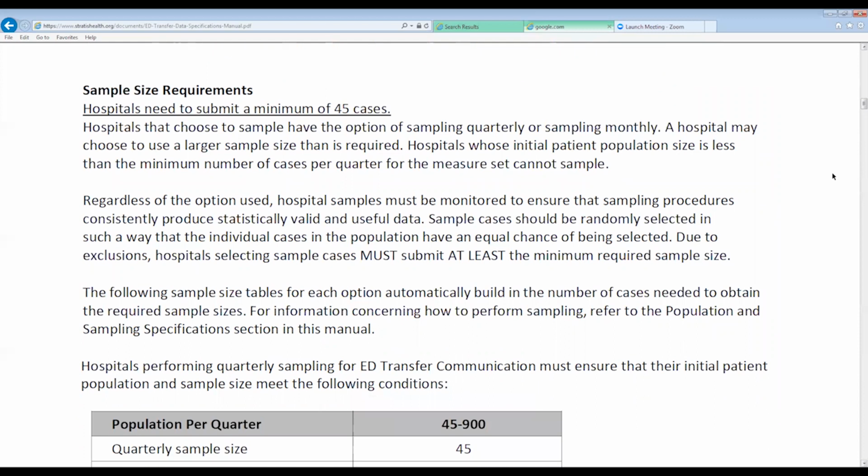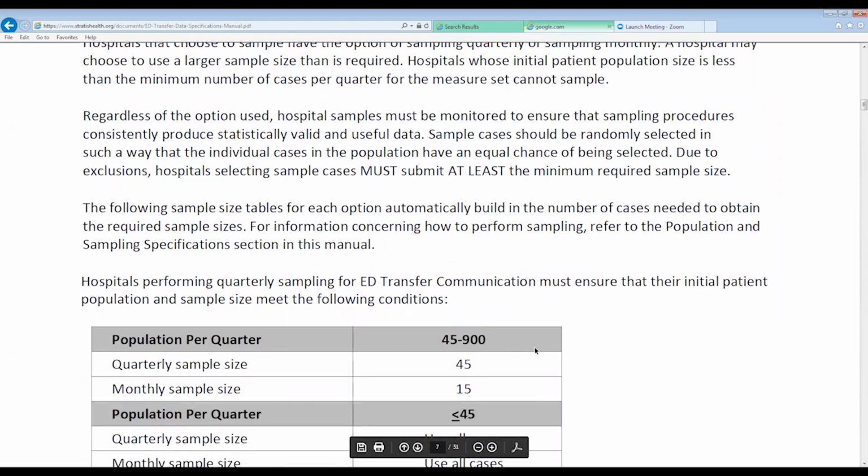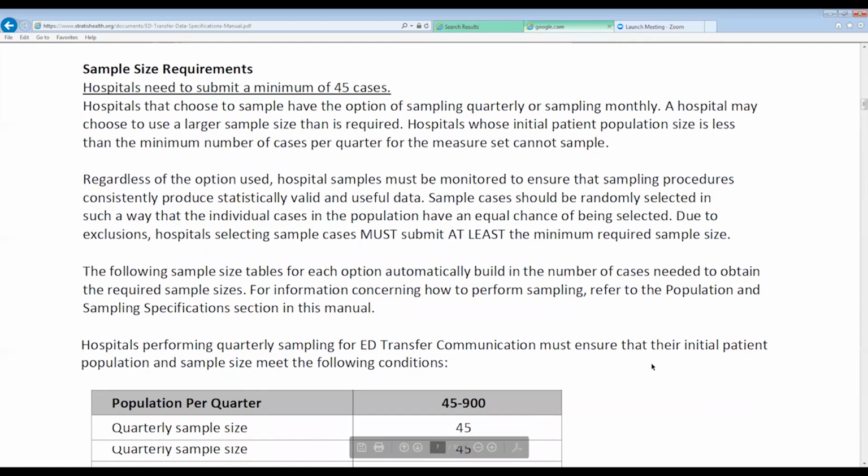I don't think this little grid is helpful, because it looks like no matter how many patients you have, you only do 45. But you can do as many more as you would like, as long as it's 45 or more. Yes, you can choose to use a larger sample size than is required.